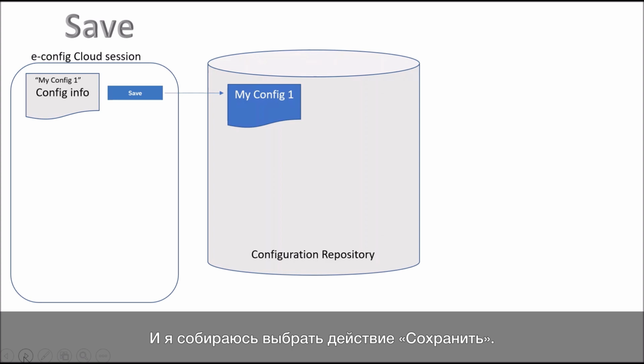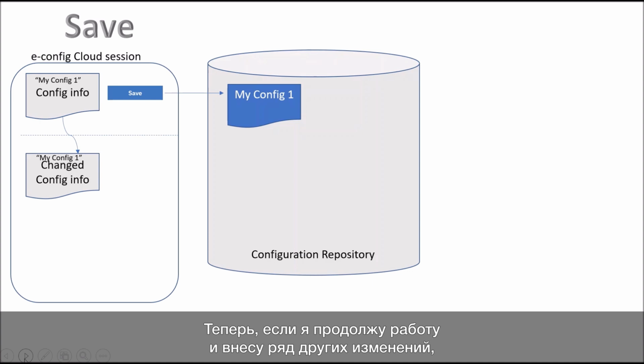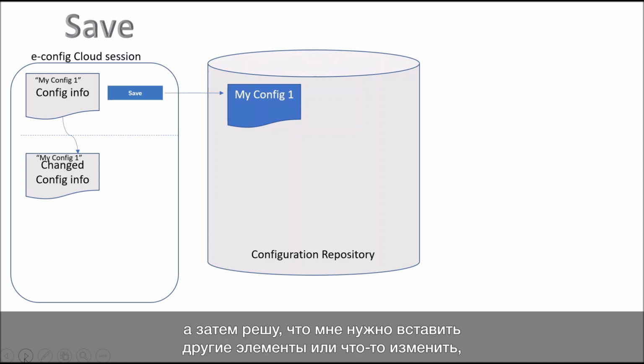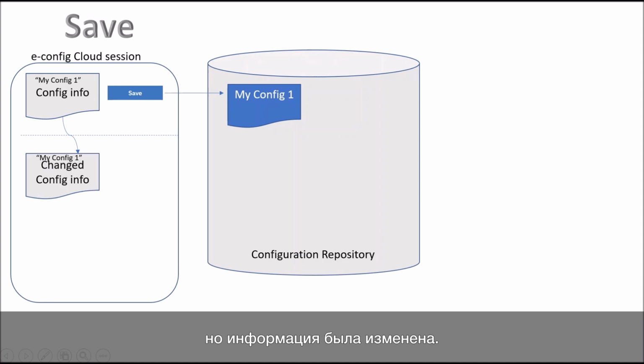So I'm going to select the save action, and when I do that, it's going to save that configuration data into the configuration repository with the name myconfig1, the same thing that you used when you created your configuration. Now, if I go on and I make some other changes, I decide I want to update some other things, it is still myconfig1 in the session name, and I have this changed information.